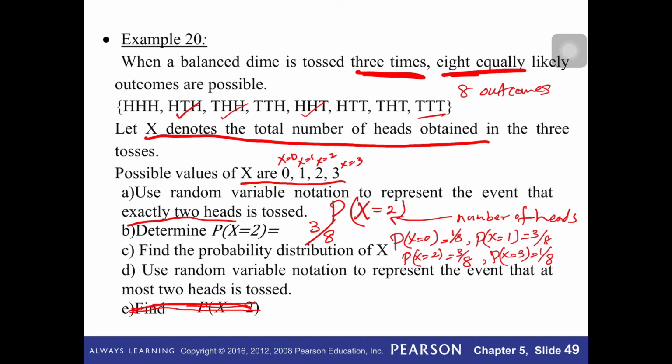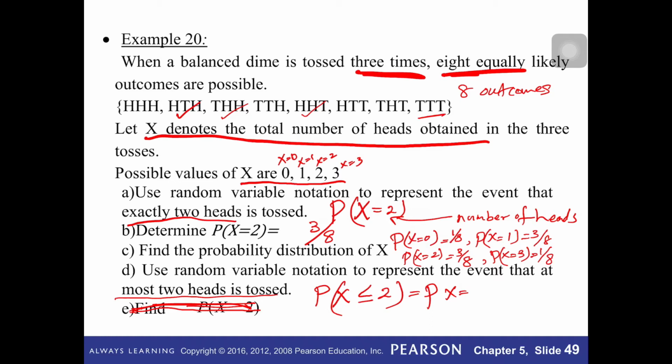Use random variable notation to represent the event that at most 2 heads. At most means maximum 2 heads, right? Probability of x, at most 2 heads means the maximum value is 2. What's the minimum value? According to this example, 0.